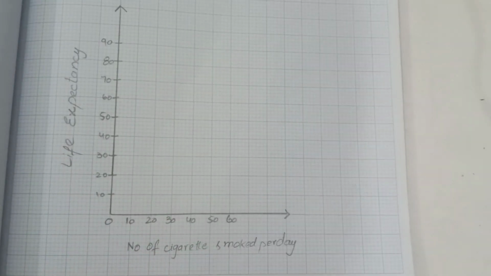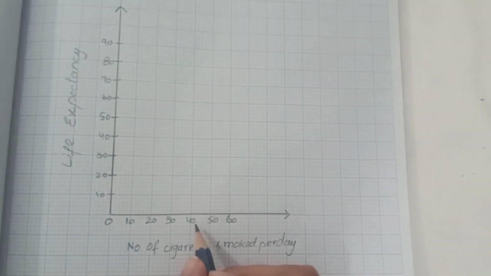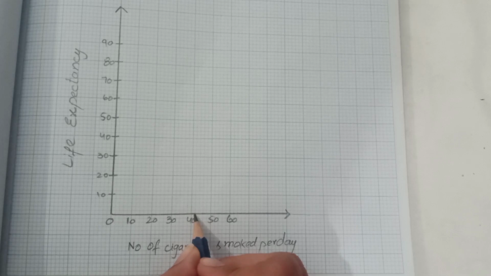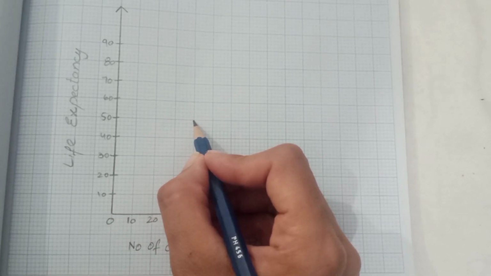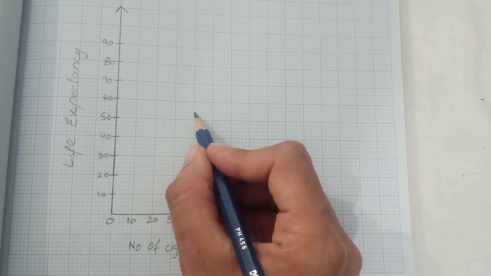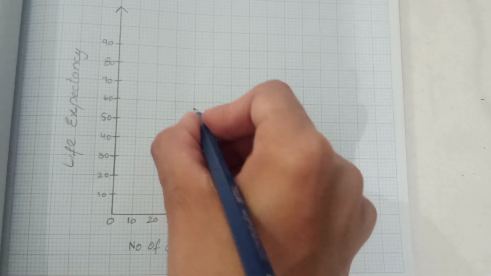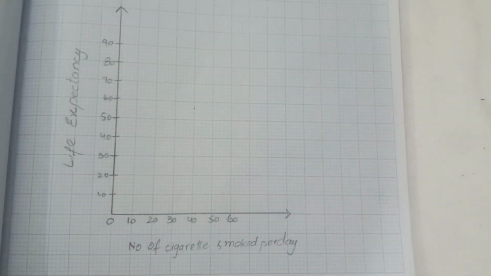Now we have to draw the scatter diagram. In number 1, 42 cigarettes smoked is 56, and that is 40, and this is 42. 42 and 56. 1, 2, and 3. This is the first point.